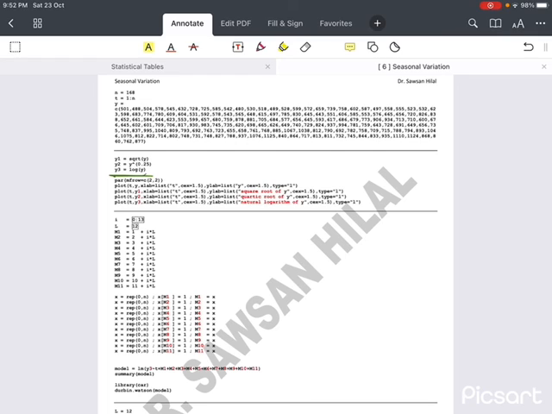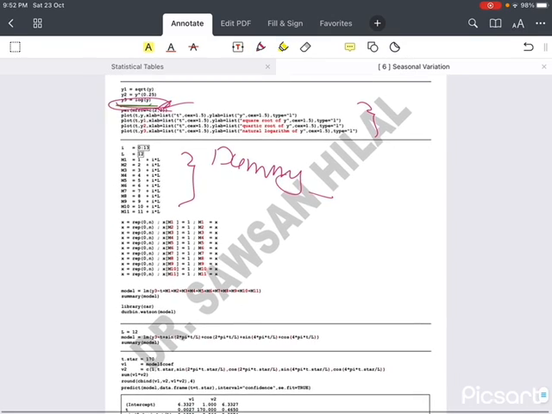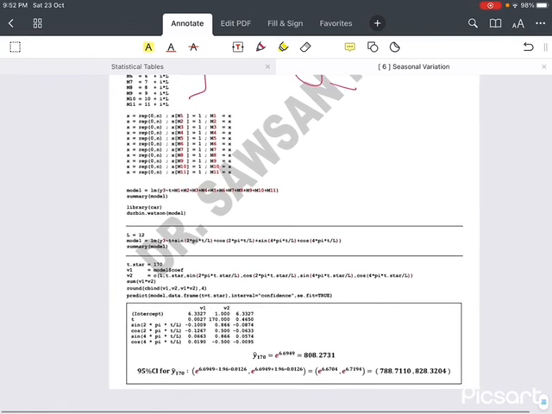I put a line here for you: the log of Y, how you can write it in R. Here is how you enter the data, here are the plots and how to draw them, here is the code for the dummy variables, and everything about the Durbin-Watson and the confidence interval.